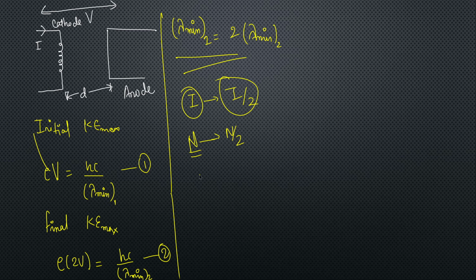So for option D, the cutoff wavelength will become 2 times larger and the intensity will decrease. I hope I'm clear.